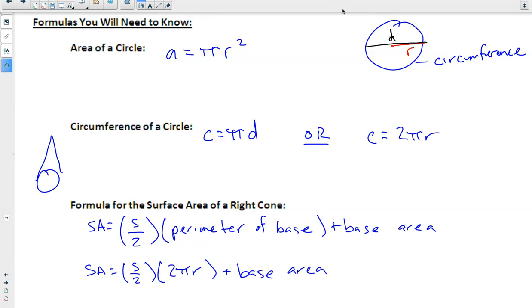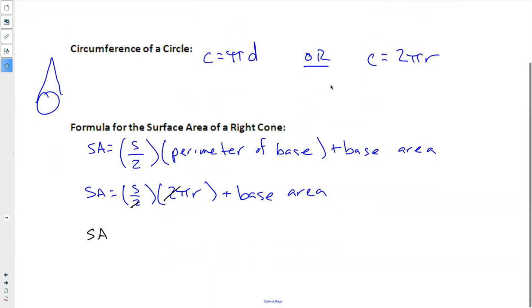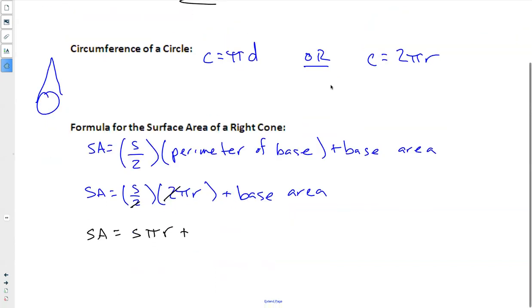Okay, I can simplify this. Divide by 2, multiply by 2, those will cancel. Now I have surface area is equal to side length or slant height times pi times the radius plus the base area, which is a circle. So we can use that formula right up at the top: A is equal to pi r squared.